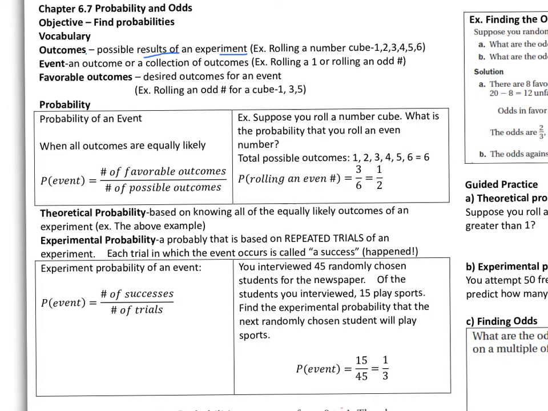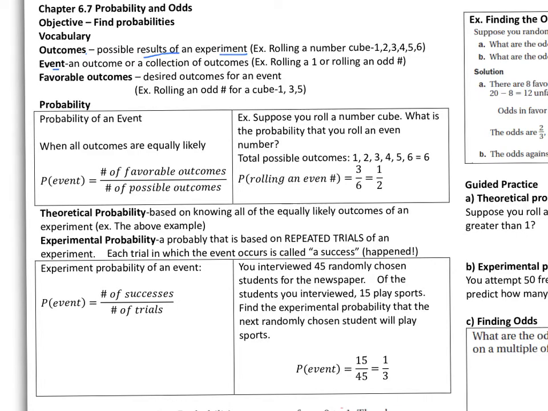An event is what I want, an outcome or a collection of outcomes. Okay, so for example, if I want to roll a 1, then it will be only one possible chance. And if I want to roll an odd number, it will be 3 possible chances. So event is just what I'm expecting to get from my experiment.